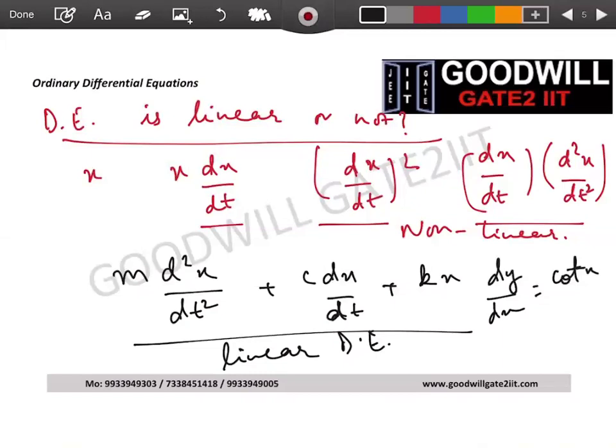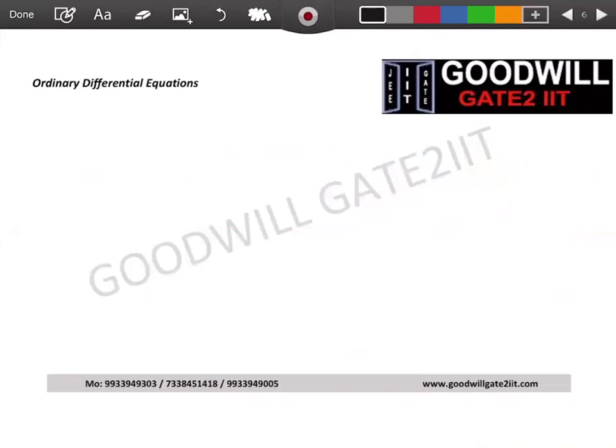So this is also a linear differential equation. Now, this was whether the differential equation is linear or not. Next thing is whether the differential equation is homogeneous or not.